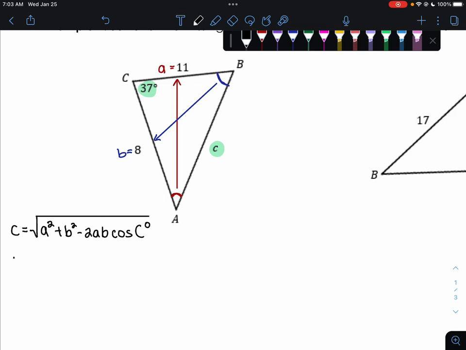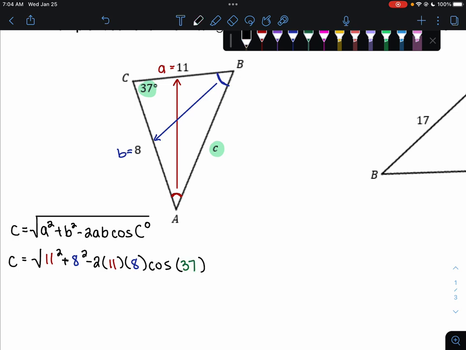So we have C equals the square root of 11 squared plus 8 squared, minus 2 times A times B. So A was 11, B was 8, times cosine of angle C. Angle C was 37 degrees.